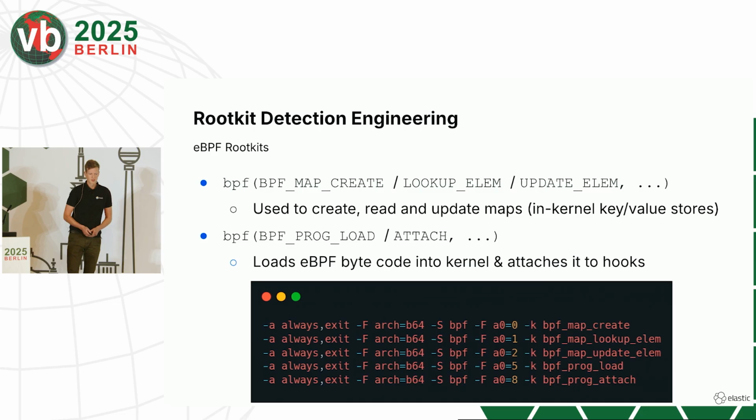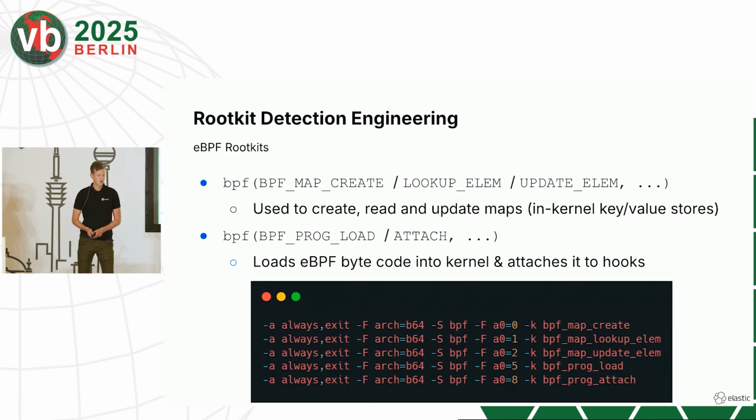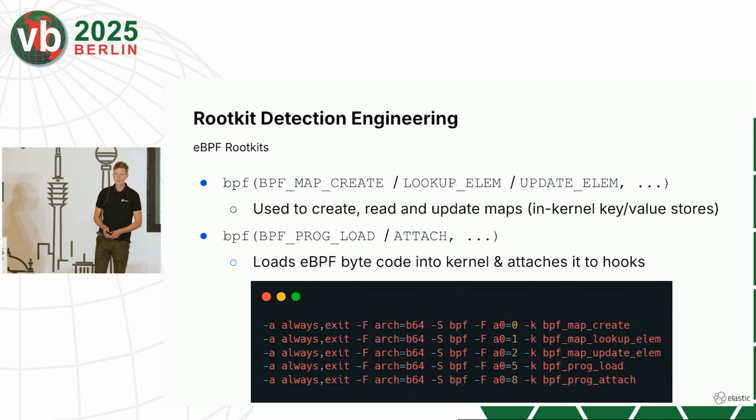For eBPF, there is one syscall that is interesting, which is the BPF syscall, but it has several elements that are worth taking a look at. You have BPF map create, lookup element, and update element, which are used to create, read, and update the maps, which are the kernel key-value stores, and BPF program load and attach, which is used to load the eBPF bytecode into the kernel and attach the hooks.